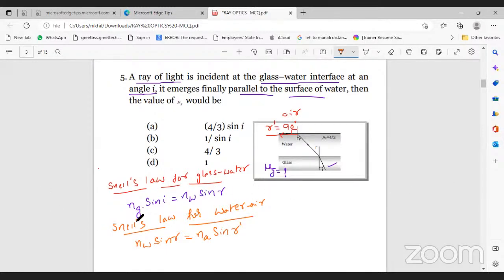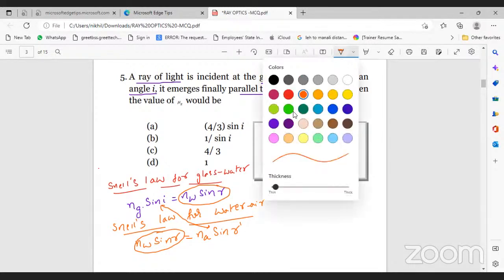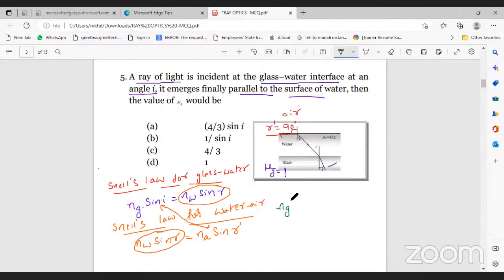Now, this Nw sin R and this Nw sin R are equal, so I can equate these two parameters. On equating that, can I write Ng sin I is equal to Na into sin R dash?